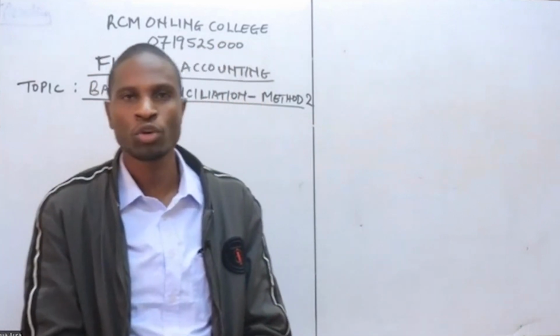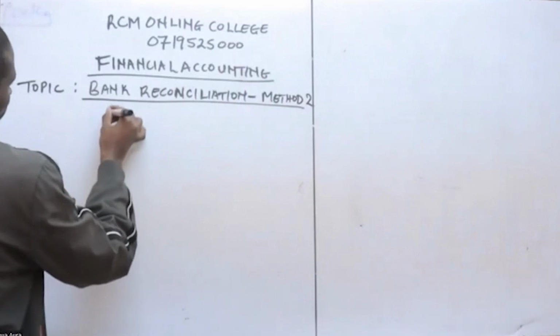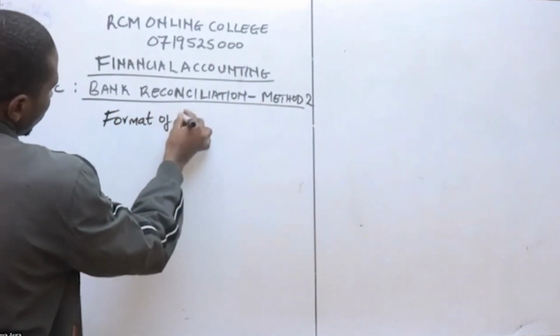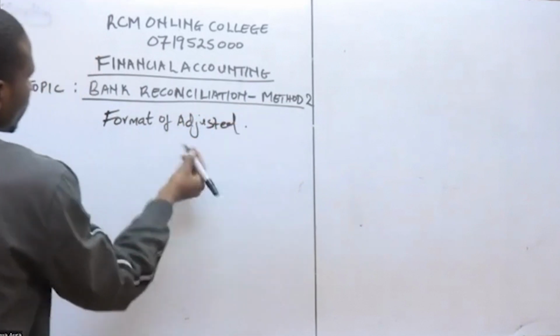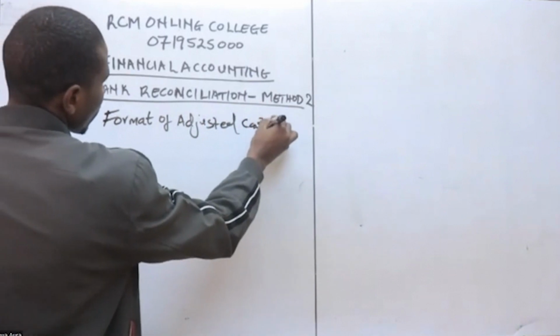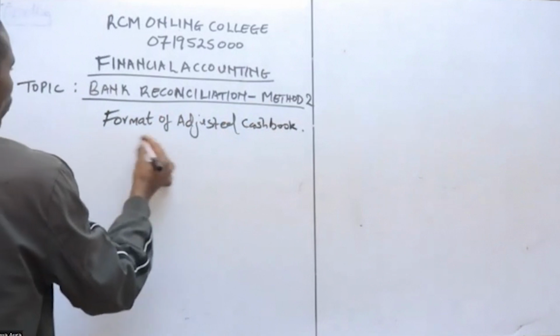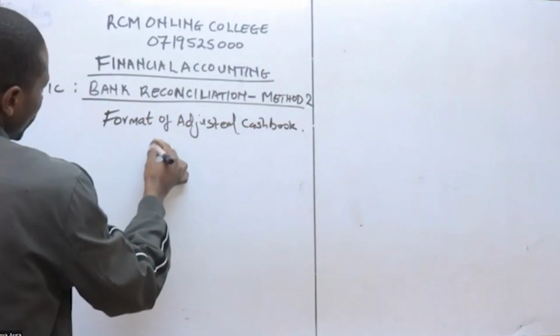And maybe to remind us, the format of adjusted cash book is as below. So this is the format, adjusted cash book.